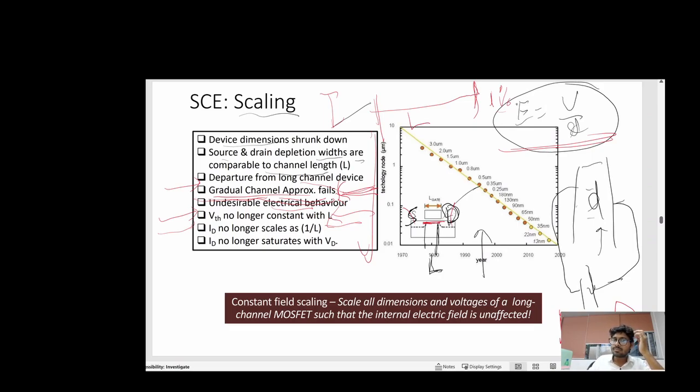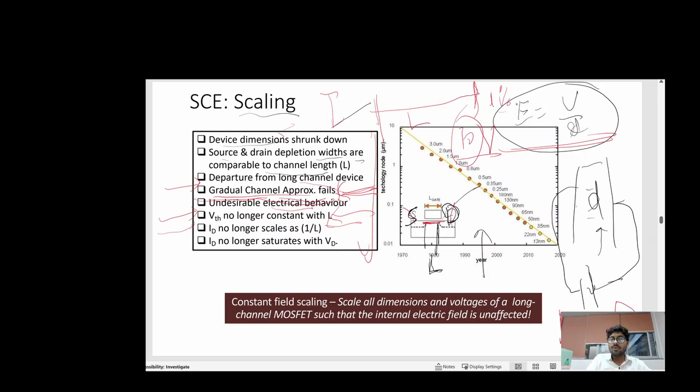Then you said that device dimension will be shrunk down due to the length being reduced. Yes, dimension is the length, breadth, whatever it is. We are shrinking the device, that means we are shrinking the length and breadth. If initially we were applying 10 volts, we cannot apply the 10 volts again. If we apply 10 volts again, then the electric field will be very high.